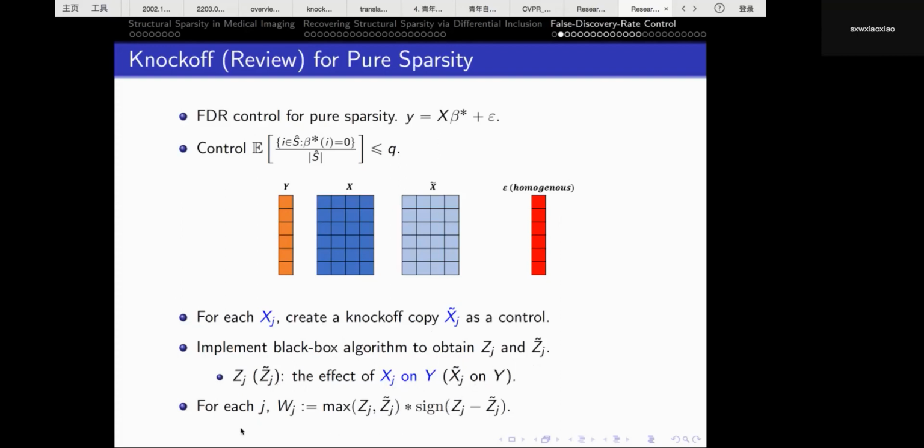And for each feature, we then calculate a comparison score, namely the Wj. If the Zj is larger than the Z tilde j, which means the original feature has larger effect, it is positive. And if it is negative, it means the original feature has less effect than its copy.